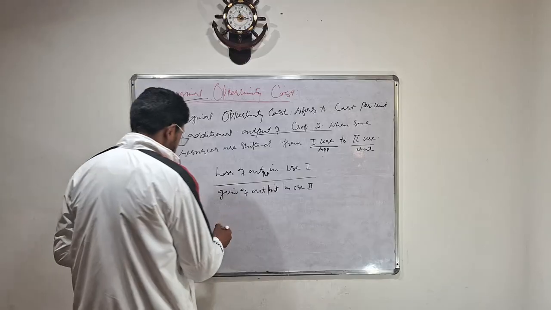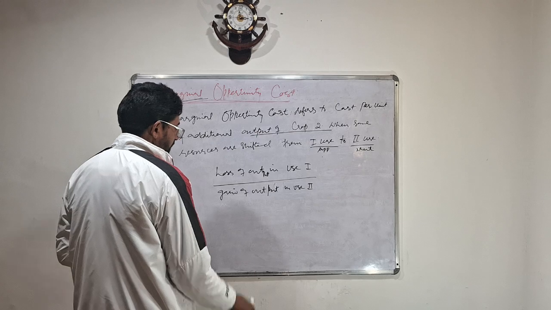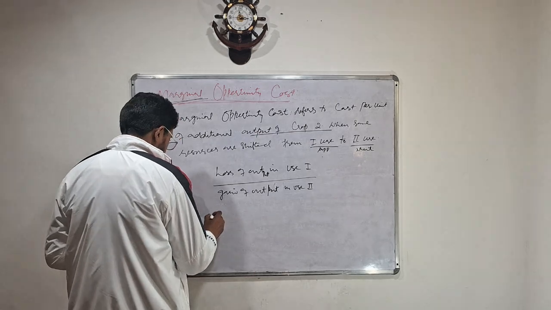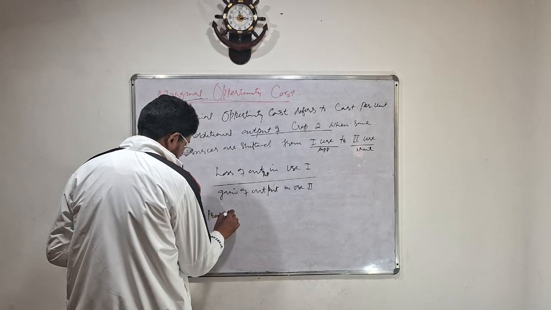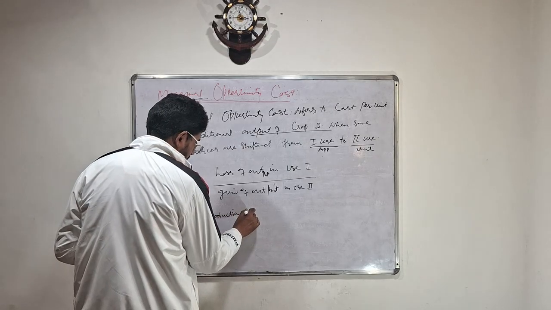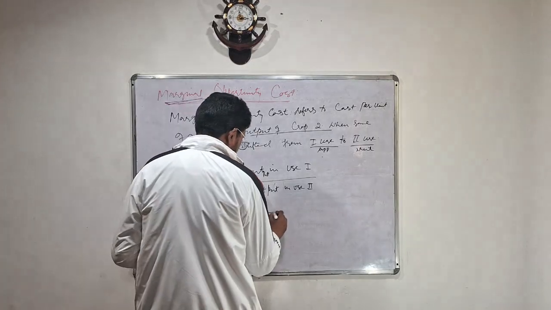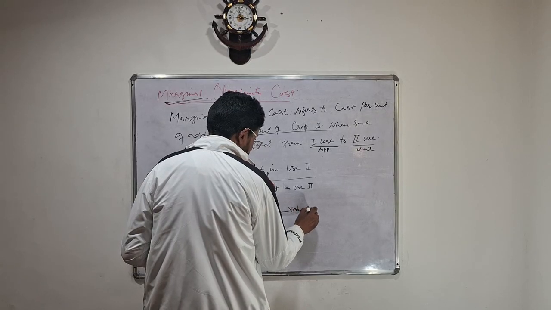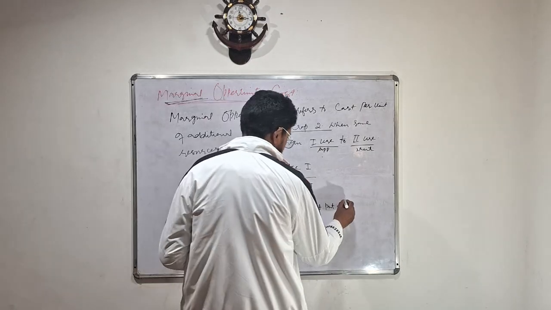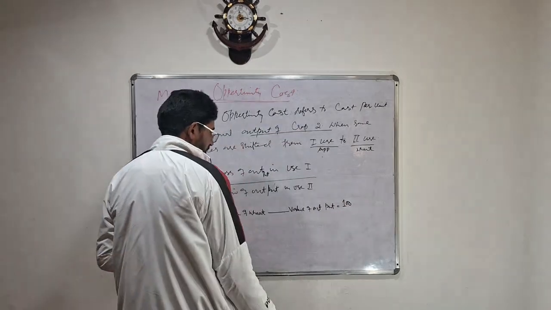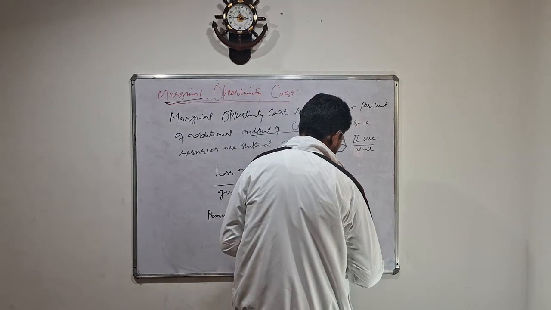For example, if the value of output of production of wheat in the initial stage was 100 units, for example, 100 tons, for understanding.